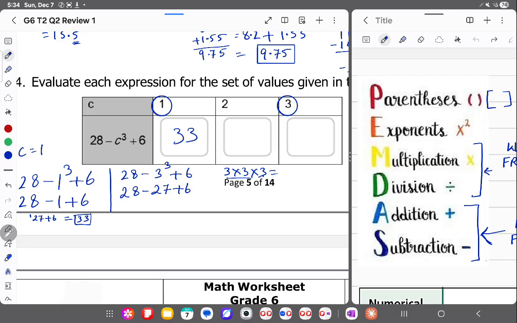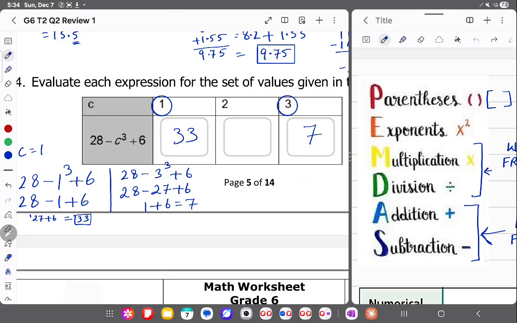We follow the PEMDAS rule from left to right, subtraction and addition. We do the subtraction first. 28 minus 27 is 1, plus 6 is 7. So your answer here is 7. Now in the same way, you can substitute the value of C as 2 and get the value for the other answer.